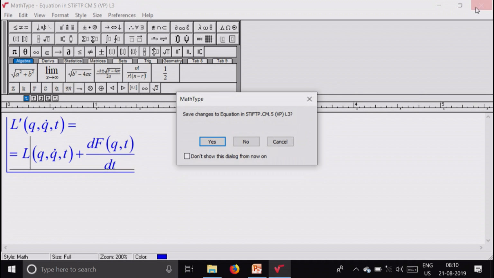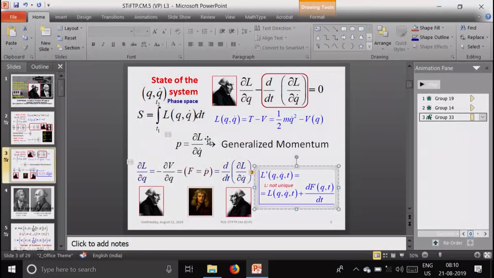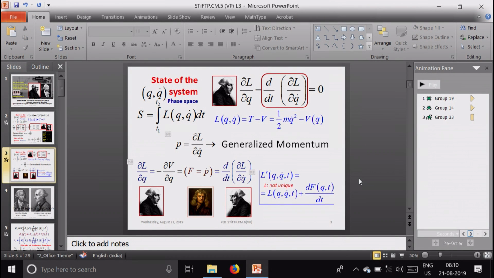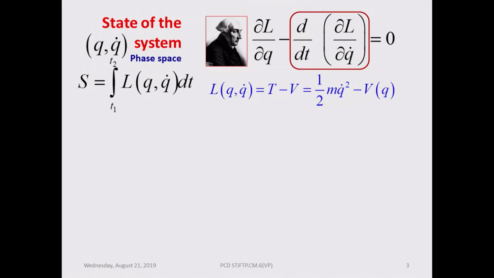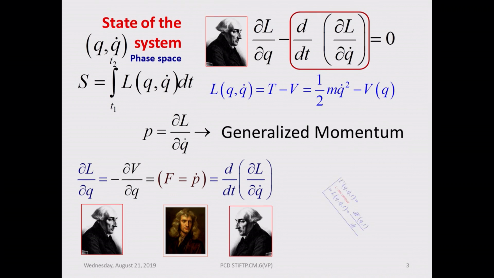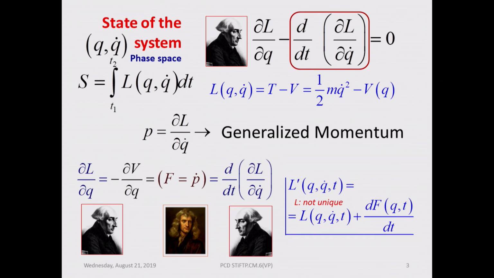You can have a Lagrangian and add to it df by dt, where f is some function of just q and t, and you will get the same equation of motion. And you see it in alternative forms of Lagrange's equations. For example, you can carry out gauge transformations of the potentials and get the same equation of motion.